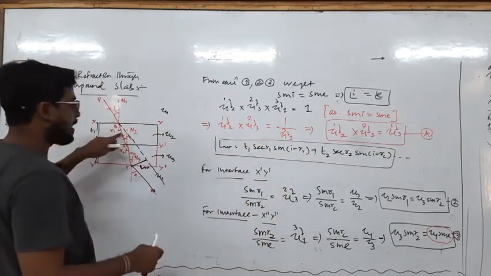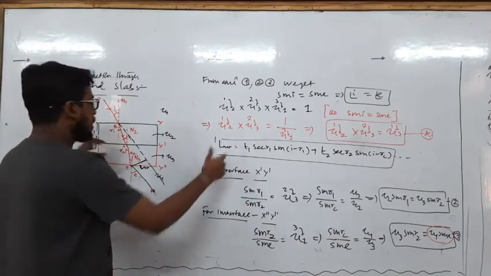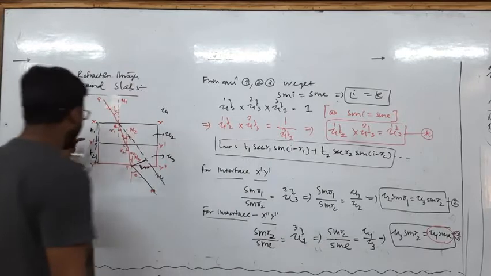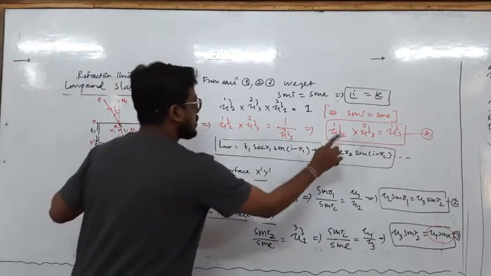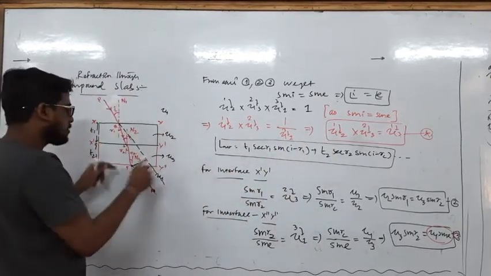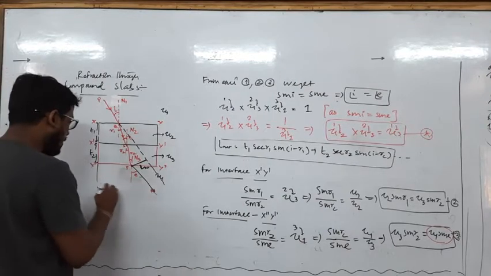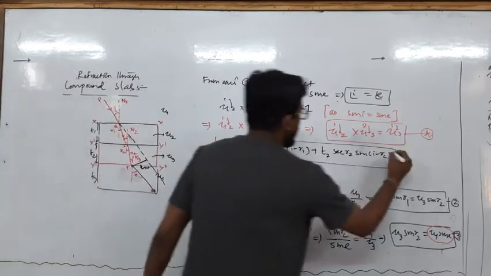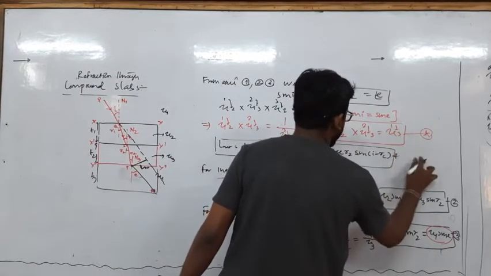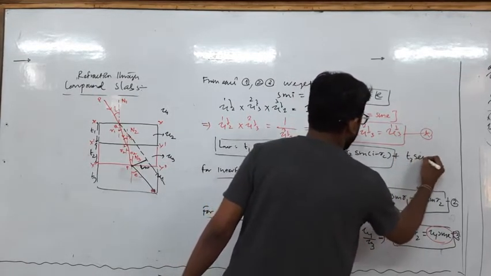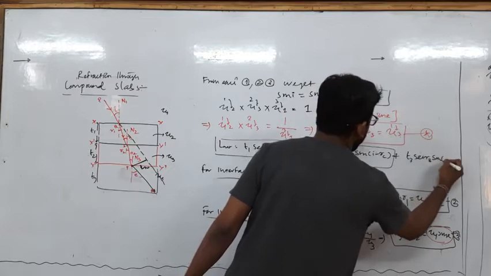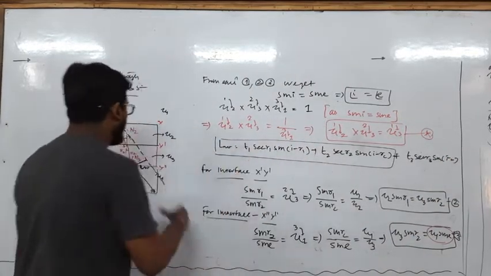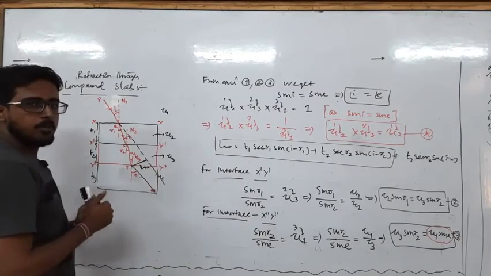The refracted angle at the first interface. T1 is the thickness of the first slab, and I is the incidence angle. T2 is the thickness of the second slab, and R2 is the refracted angle at the second interface, and so on. If there is another slab of thickness T3, the lateral shift will be this much plus T3 sec R3 sin(I minus R3), and so on. Clear? So this will be the net lateral shift using the compound slab system.